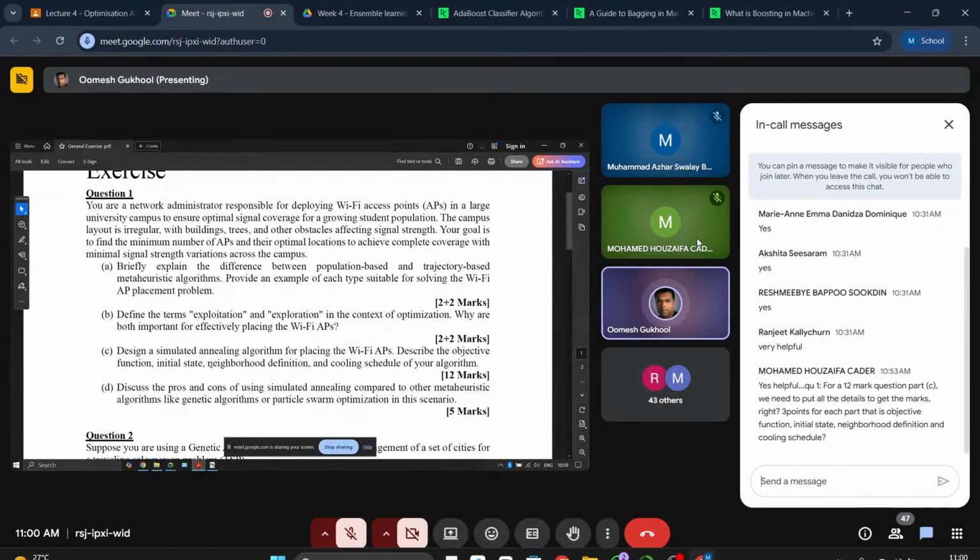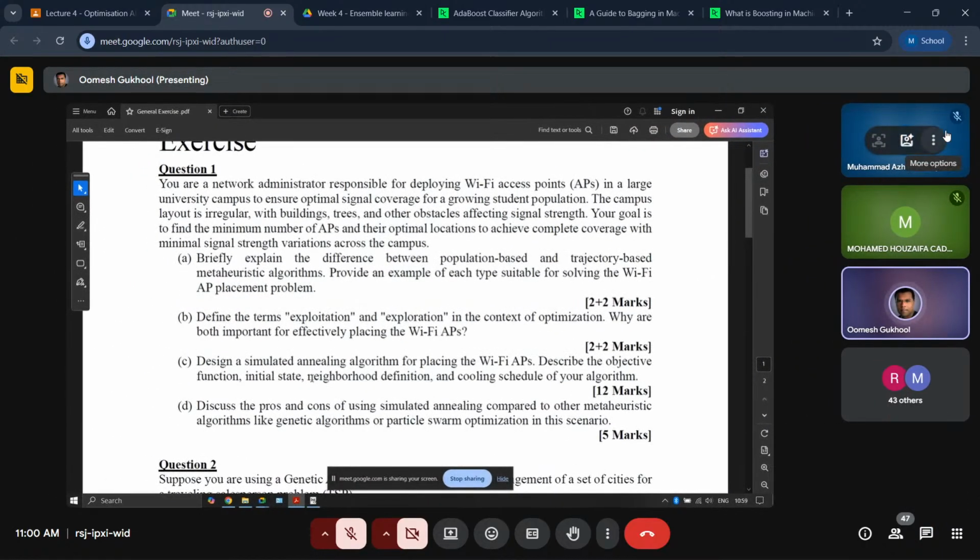But if the equation is wrong or there is something missing, it's still acceptable because we can't expect a student to fully remember everything. If the student is writing just a formula for transition probability, then the mark can be cut in half.